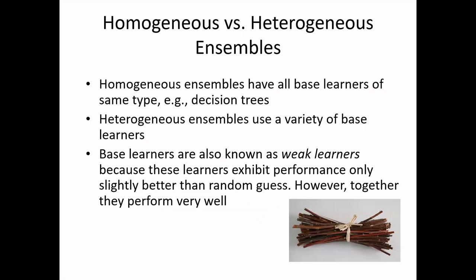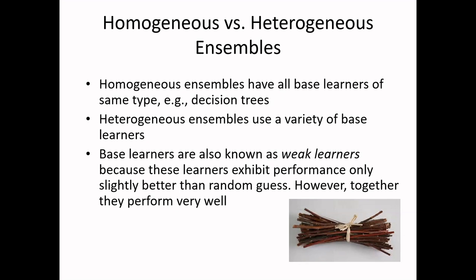So in a homogeneous ensemble, all the learners, which we generally call base learners, are of the same type. For example, you might have trained 10 different decision tree models. All right, so there are 10 different decision trees that you have built using the data. So they are all the same type.